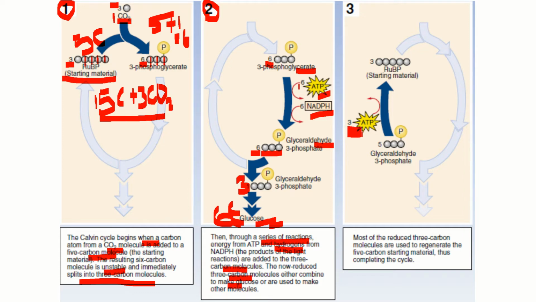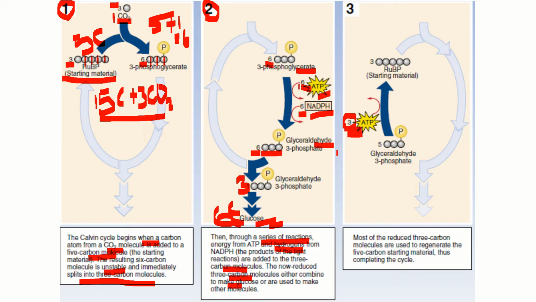Look here. Here, for converting 6 3-phosphoglycerate molecules, we need 6 ATP and 6 NADPH. Here, for regenerating RUBP molecules from glyceraldehyde 3-phosphate, we need a total of 3 ATP.